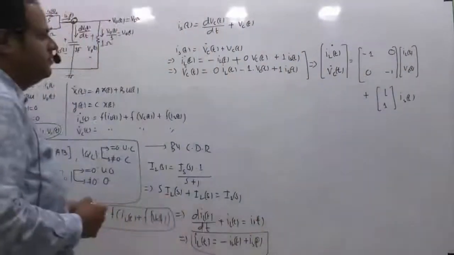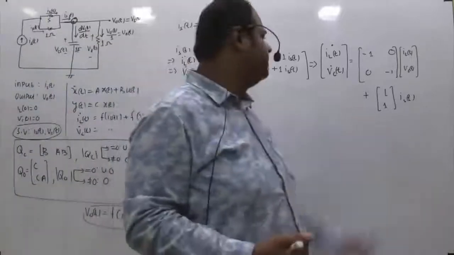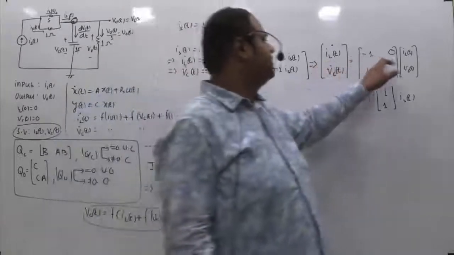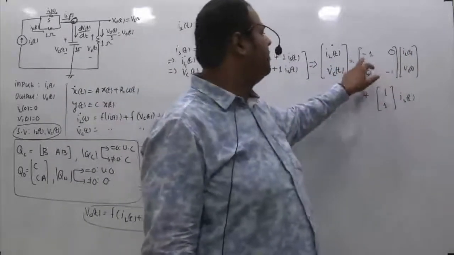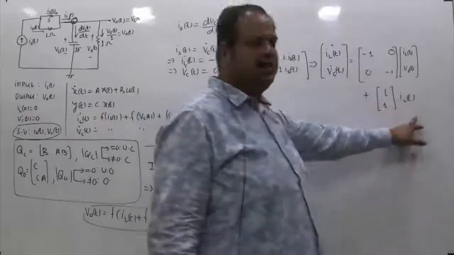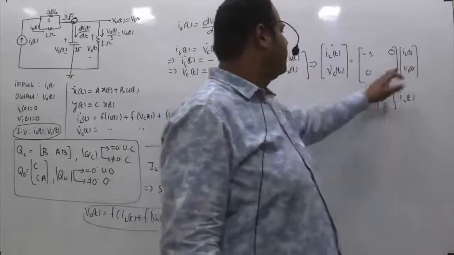If you see, these two equations look like this in matrix form. If I ask you what is IL dot t, multiplying this gives minus IL of t plus 0 Vc of t plus Is of t. Similarly, what is this? 0 into IL of t plus minus 1 into Vc of t.